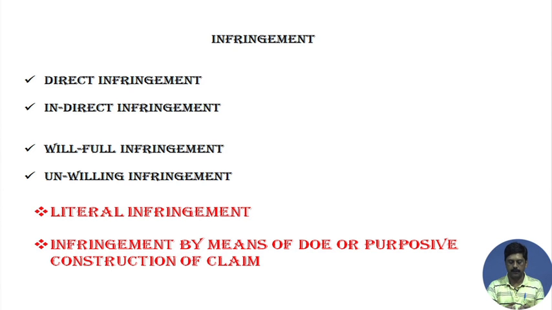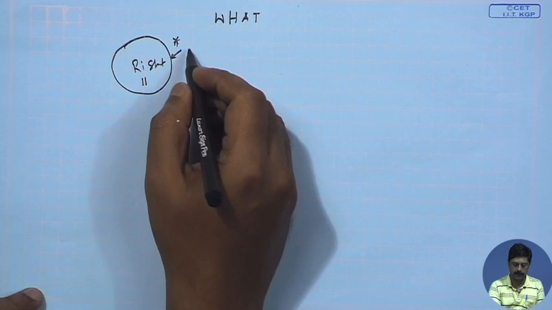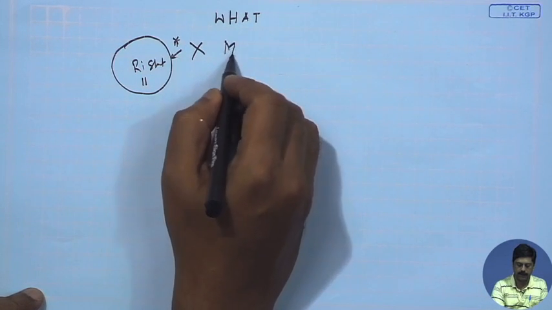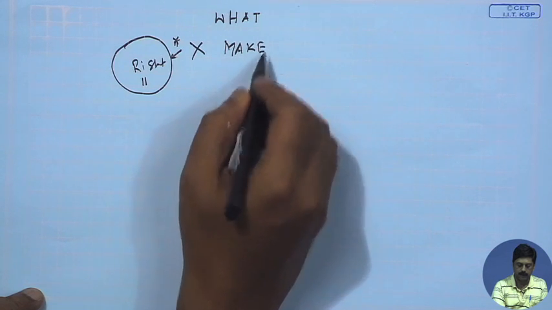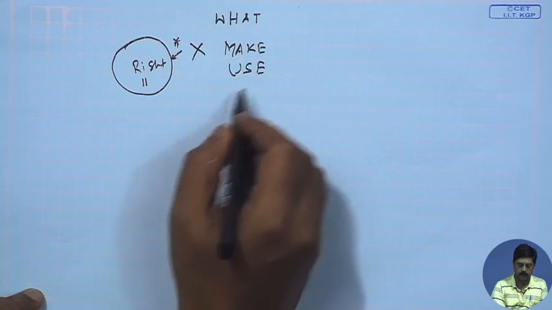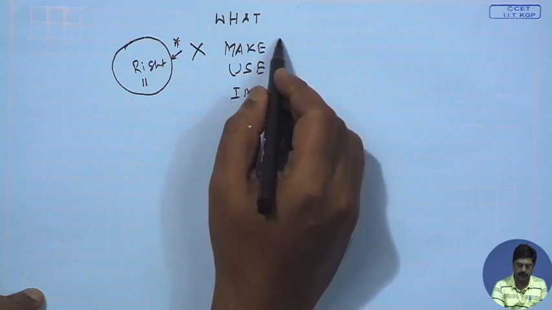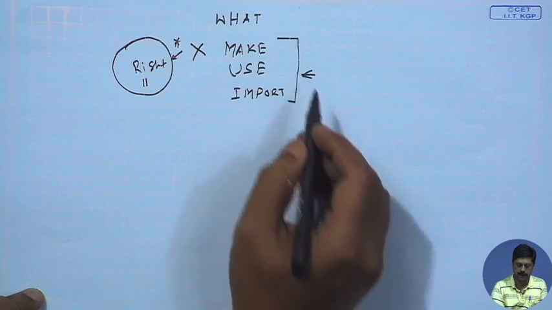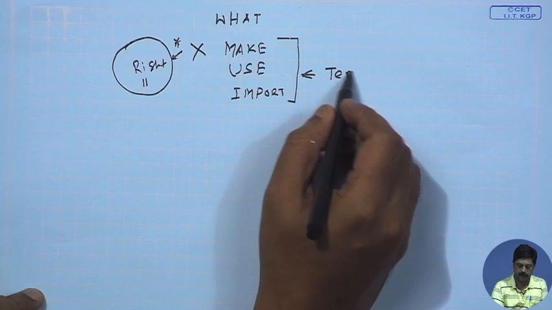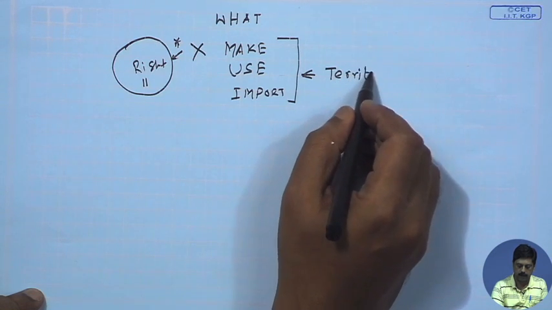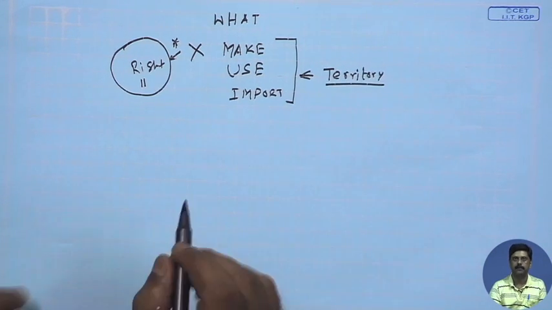Prevent others to make, use, import, in the territory where he has the right, let us say territory means India.